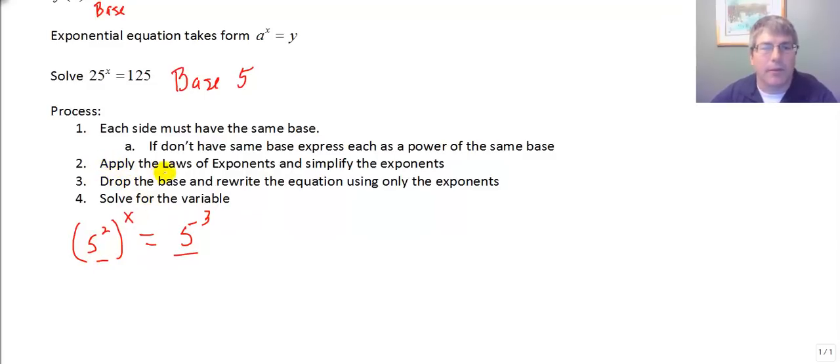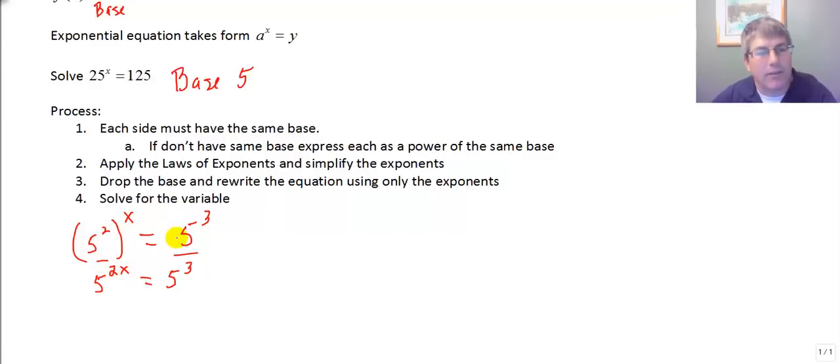The second step is to apply the laws of exponents to simplify the exponents. So I have a power raised to a power here. So this becomes 5 to the 2x equals 5 to the third power. Power raised to a power, we multiply the exponents, so I get 2x in my exponent on the left-hand side.